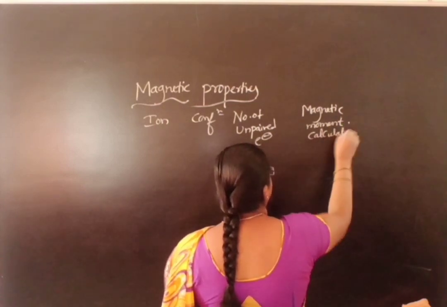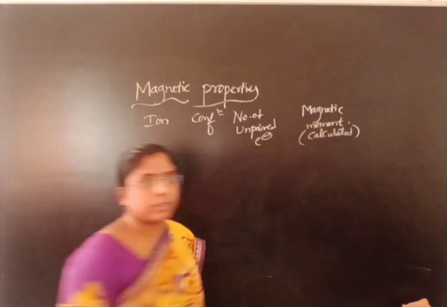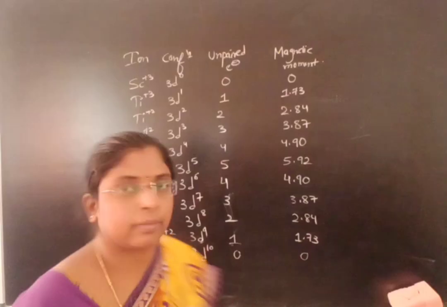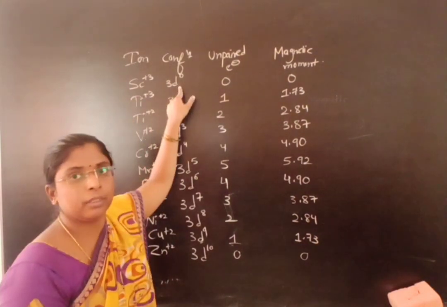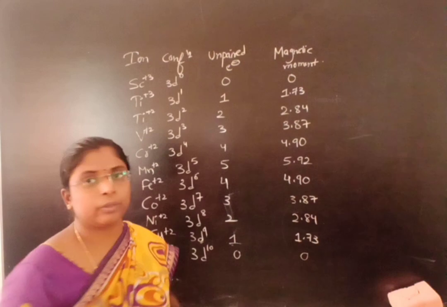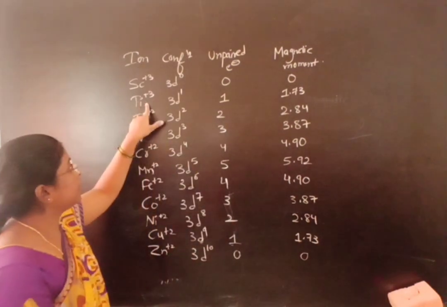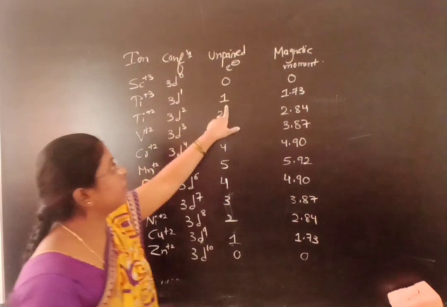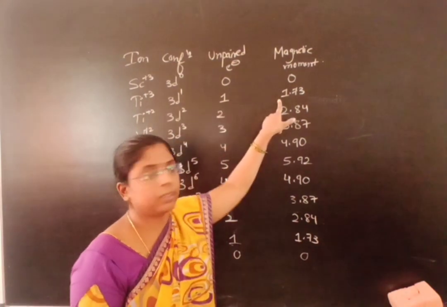There is a small difference between the calculated magnetic moment and the observed magnetic moment. Scandium plus 3 with 3d0 configuration has 0 unpaired electrons, hence its magnetic moment is also 0. Titanium plus 3, 3d1, has 1 unpaired electron, and the magnetic moment is 1.73.